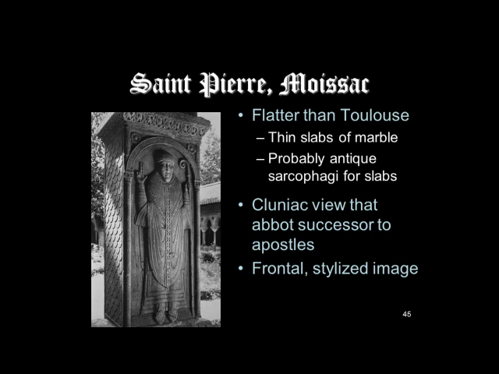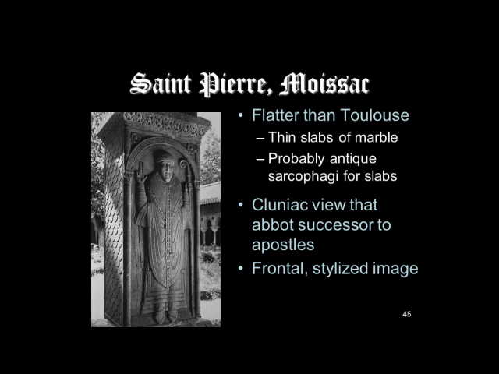You've probably heard that the Christian church today regards bishops as the successors of the apostles. That's how the Pope claims his authority. He says he is, by apostolic succession, the successor to Peter, the first pope. Well, the Cluniac view was that the abbots were also the successors to the apostles, that apostolic authority was passed down to the high churchmen.